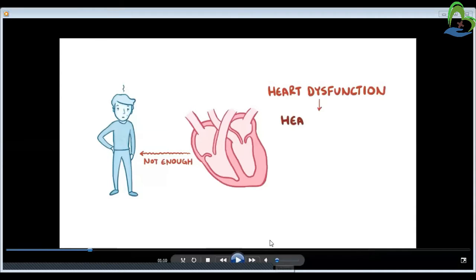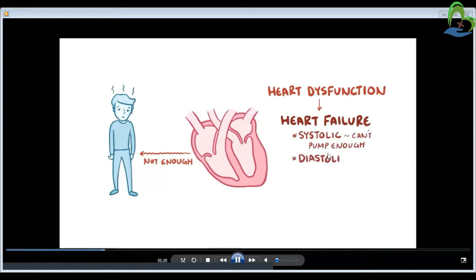But if the heart is not pumping out enough blood, it means there is heart dysfunction, or it can be said heart failure. That means the patient is not getting enough blood supply, because the blood cannot be pumped enough, which is systolic failure, nor is the filling enough, which is diastolic failure.